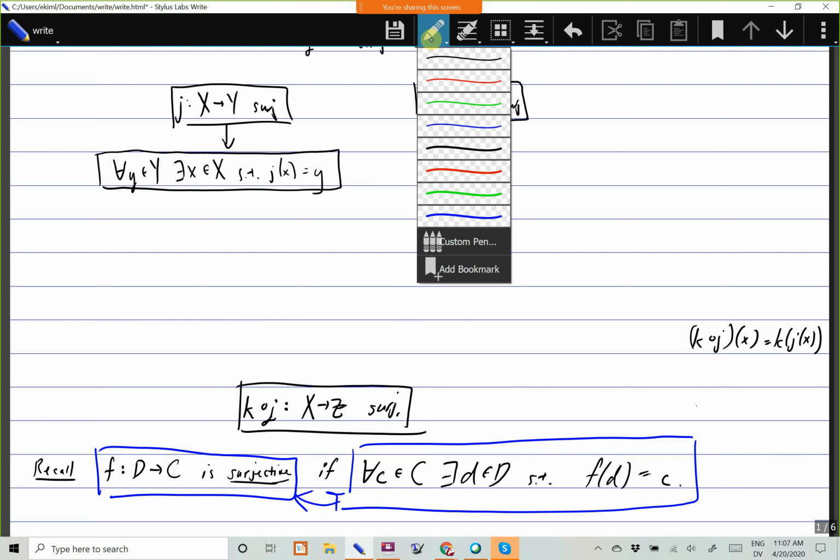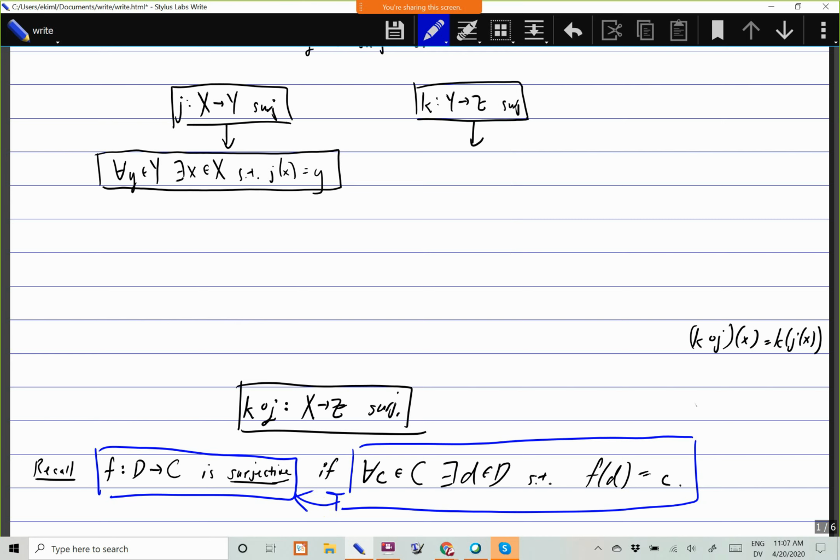Same deal over here for what it means for K to be surjective. Just to illustrate the point, whenever you have a variable being used in your quantified statement, that's always a placeholder variable. So just to make a point, I'm going to use new variables here.